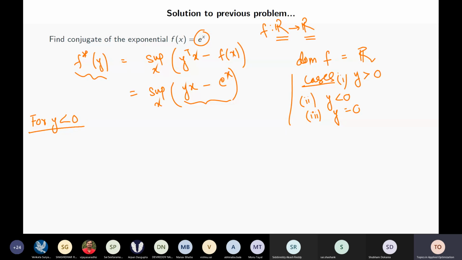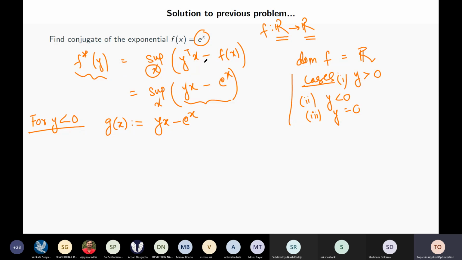If y is less than 0, can we say whether this will remain bounded or unbounded? For convenience, I define g of x equal to y x minus e to the x. Now y is something fixed but less than 0, and what we vary is x, because that is where we are computing the supremum.